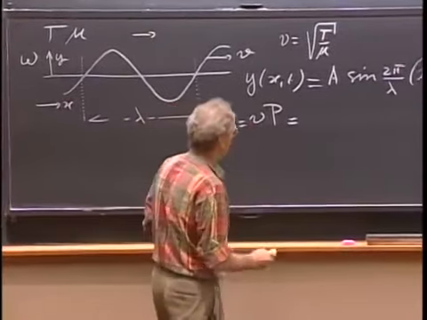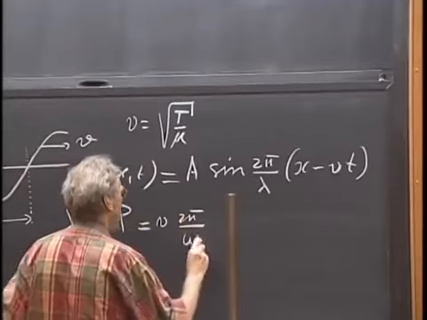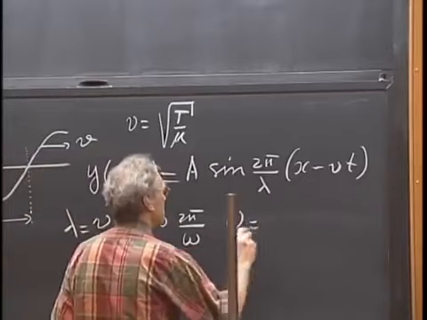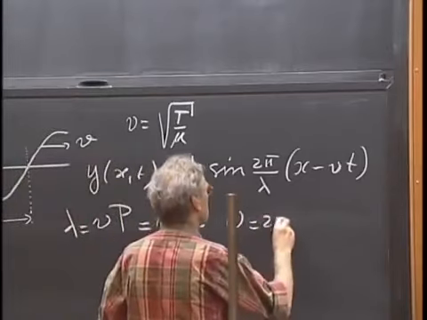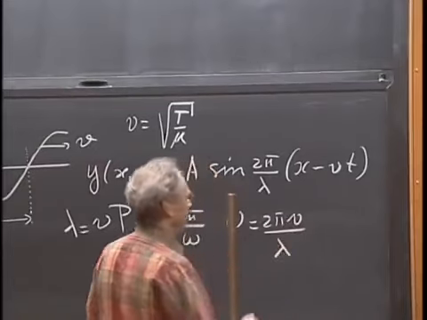And that P is obviously 2 pi divided by omega. This is my omega, with which I am shaking. And so omega, which is then my frequency, is 2 pi times v divided by lambda.